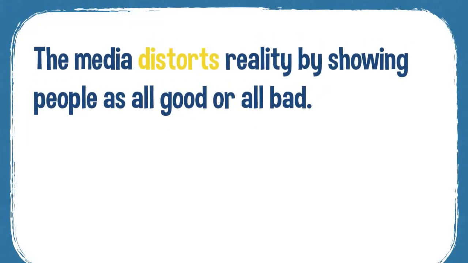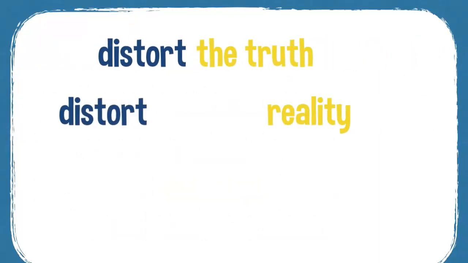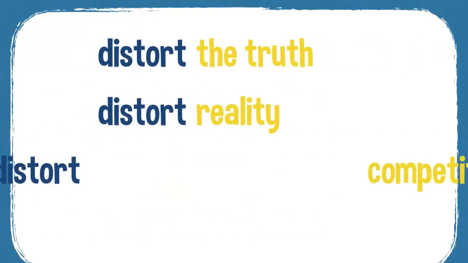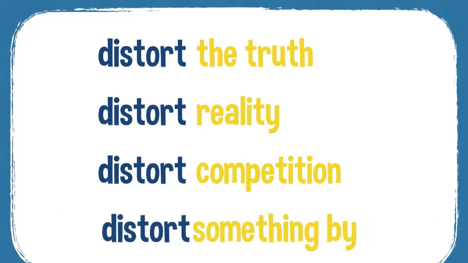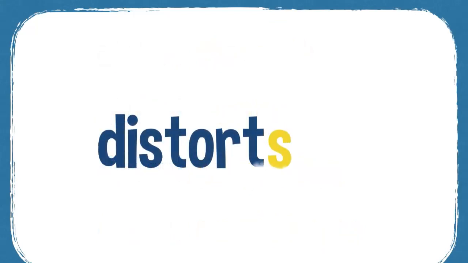So, for example, the media distorts reality by showing people as all good or all bad. They're distorting reality. There are allegations that the government distorted scientific findings to justify its policies. So you can distort the truth, distort reality, distort competition, distort things by doing things, by lying sometimes.